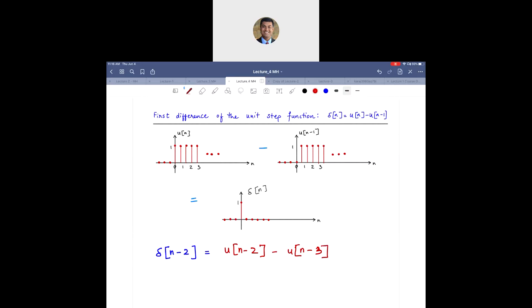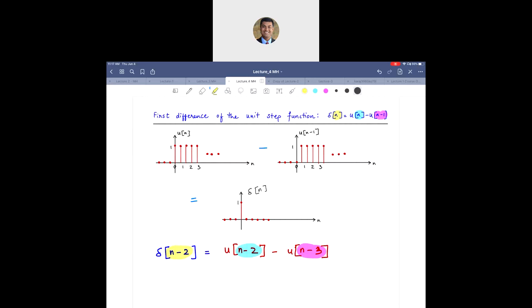So we are essentially just doing n minus 2. So do that over there, there, and there. So we are simply changing n to n minus 2 to get that new identity. So everything gets shifted to the right by 2 time units.